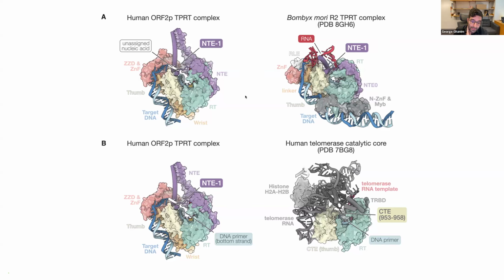So the model is satisfying in that it explains how it's able to find its poly A in a sea of translating poly A's, but it's a little bit unsatisfying in that it doesn't necessarily explain cis preference perfectly, in the fact that by mistake, line-1 will mobilize other things.